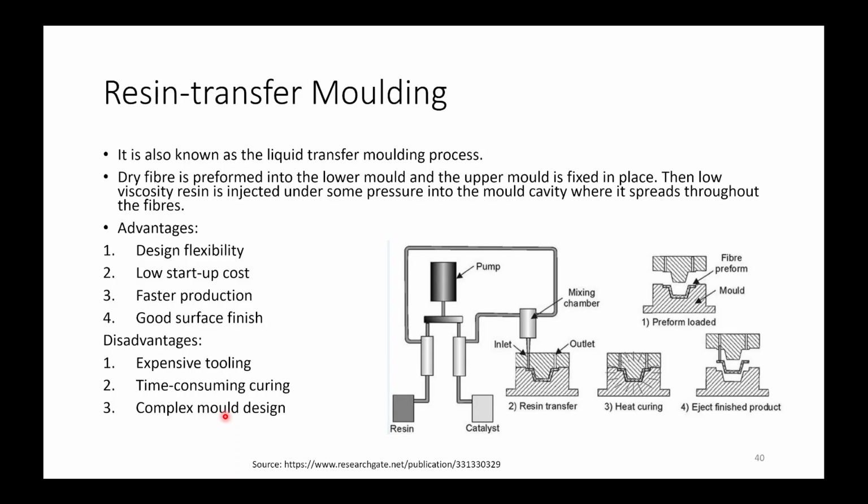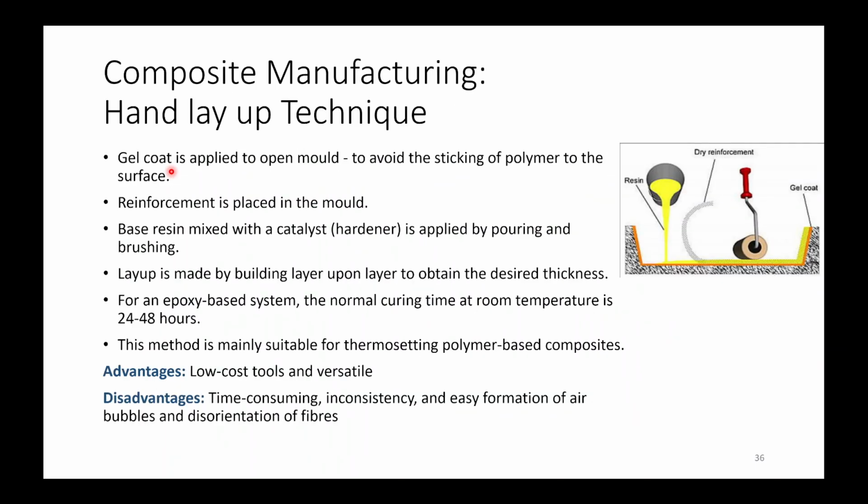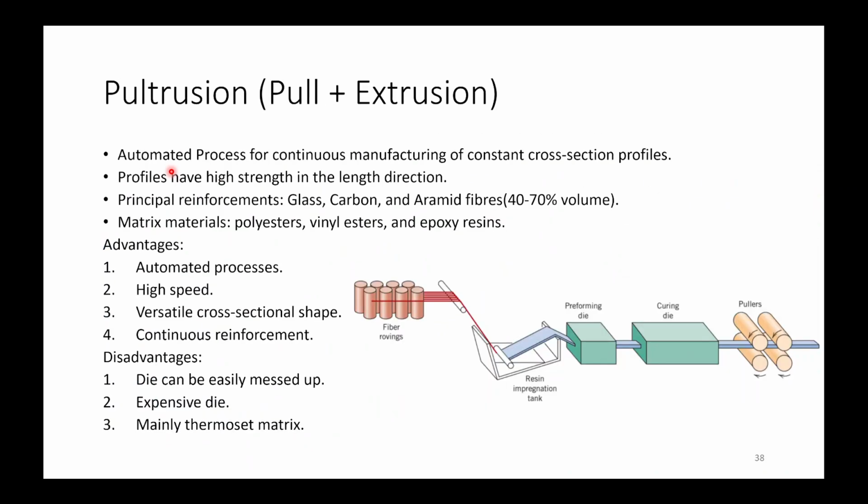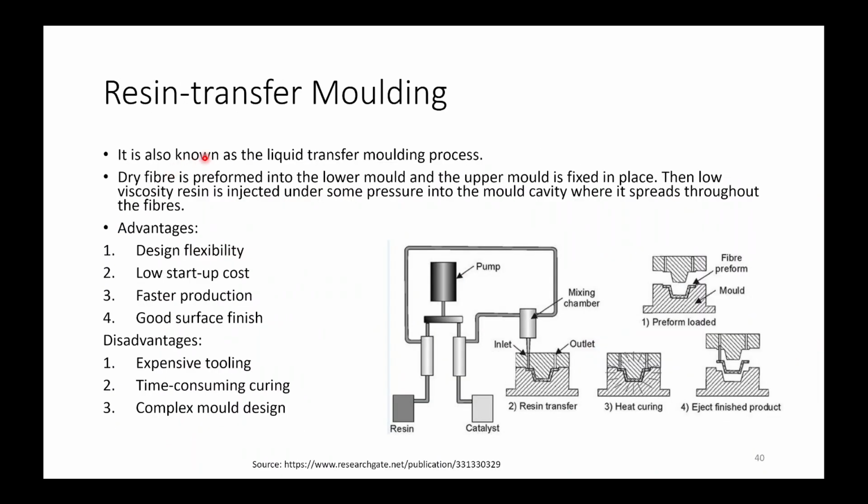Now, the final technique is resin transfer molding. Yeah, it is the fifth method. It is also known as the liquid transfer molding process. In this, dry fiber is preformed into the lower mold and the upper mold is fixed in place.